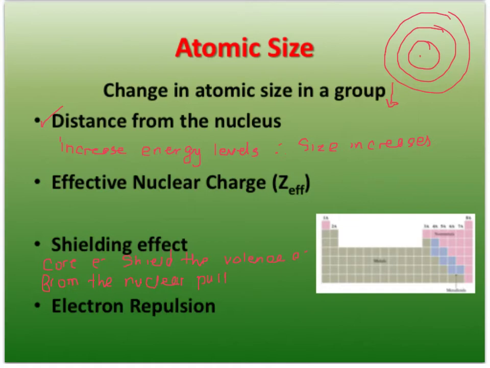So generally, as we go down the group, atomic size will increase, because the distance from the nucleus increases and because of the shielding effect.